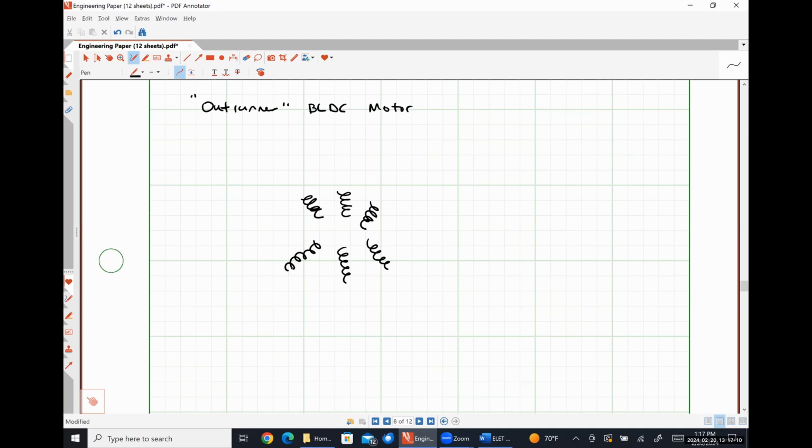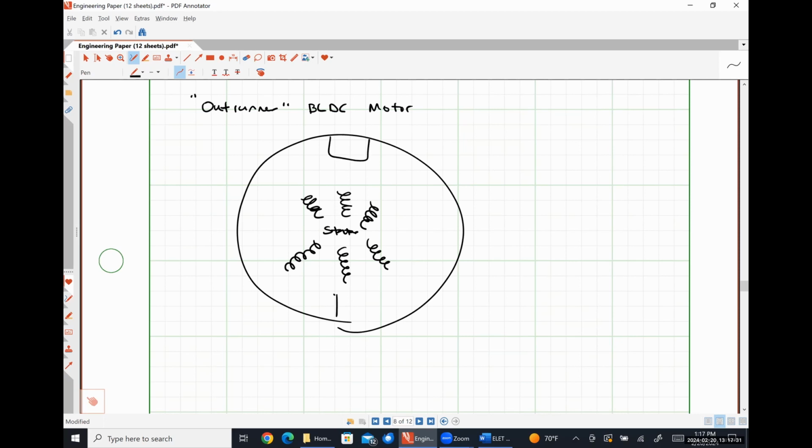They're connected in various different ways, so I'm not going to bother with that part. And this guy right here effectively forms the stator. And then outside of here is the rotor, and affixed to the rotor is a magnet. So we have a north pole here and a south pole here.